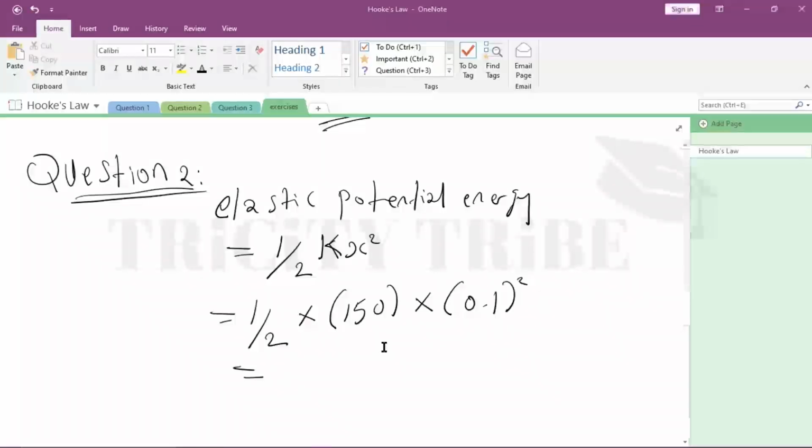So we have 1 divided by 2 multiplied by 150 multiplied by 0.01.